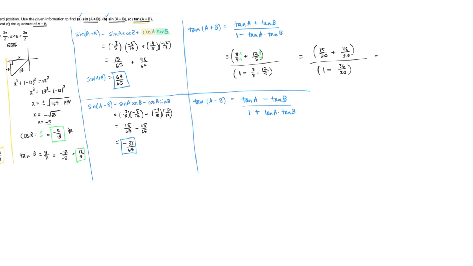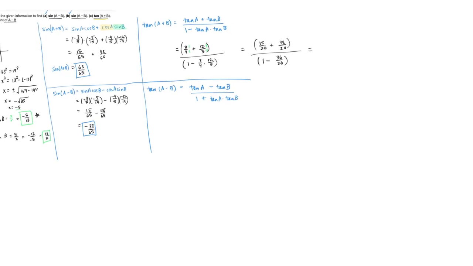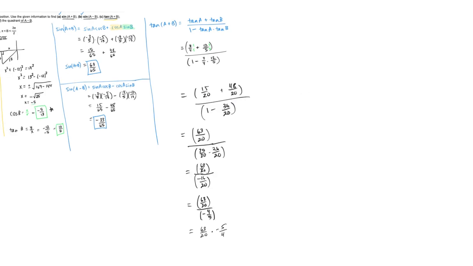And simplifying those, sorry, I'm writing vertically or horizontally. Big no-no. All right, we do a whole bunch of work with our fractions, getting a common denominator here, getting a single fraction in the numerator, rewriting that 1 as 20/20, getting a single fraction in the denominator, simplifying the denominator, and then multiplying by the reciprocal.